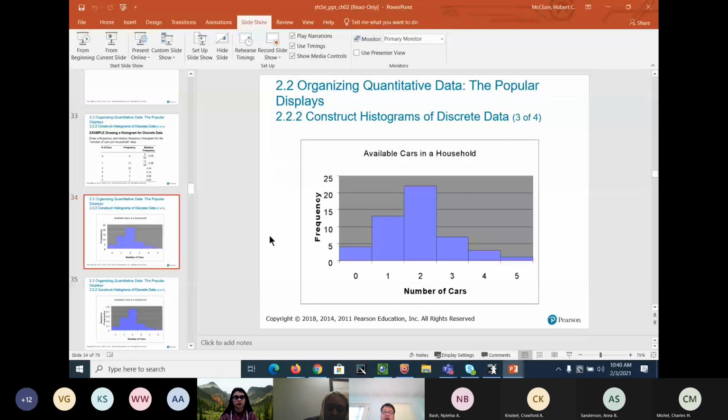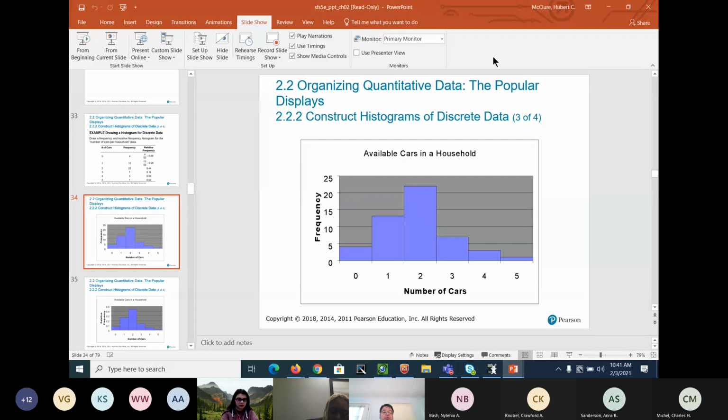The boxes actually touch each other. Now, if you give me a mathematical definition between the two, I'd like to see it because I've never seen one. The difference between a bar chart and a histogram, the boxes touch. Or the bars touch. That's it.